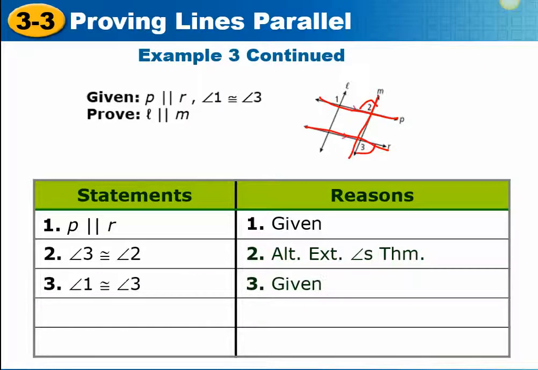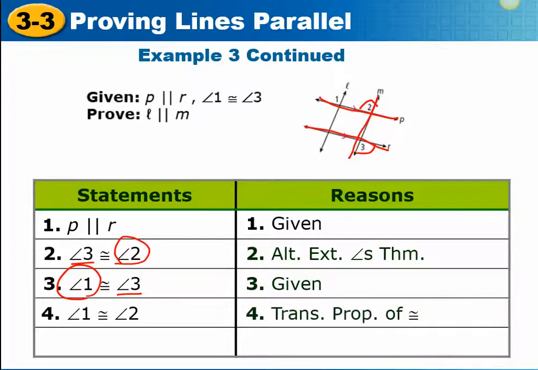Now I'm going to put down my given. Angle 1 is congruent to angle 3. I could have put the given before this, it wouldn't matter. And I say, angle 3 is congruent to angle 2, and also angle 3 is congruent to angle 1. So I bet you know what's next, the transitive property. The transitive property of congruence says that I can put these together, jump over the angle 3, and I have angle 1 is congruent to angle 2.